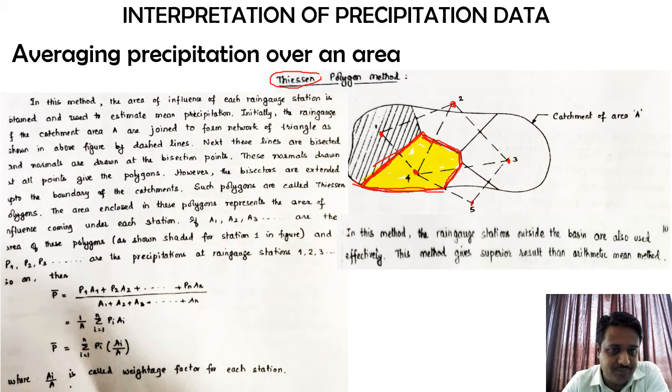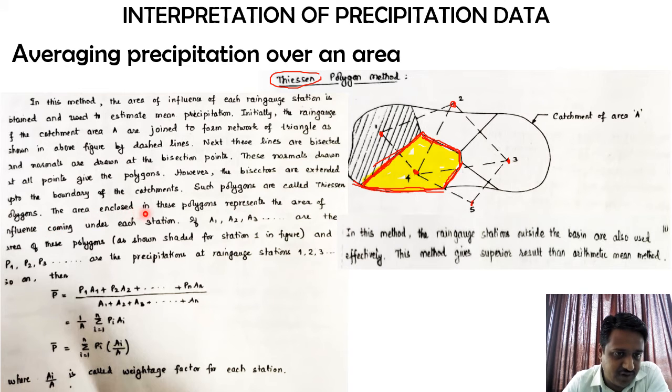Now coming back to the theory. However, these bisectors are extended up to the boundary of the catchment. As I have said, in this section I have extended till the boundary of the catchment area.